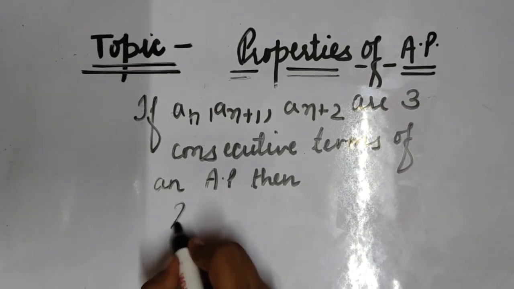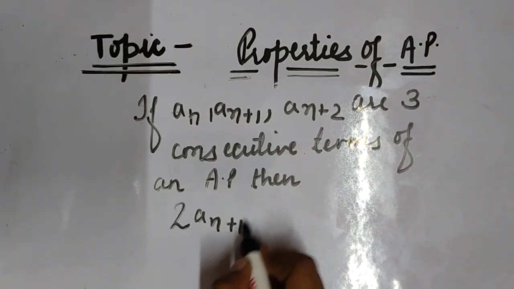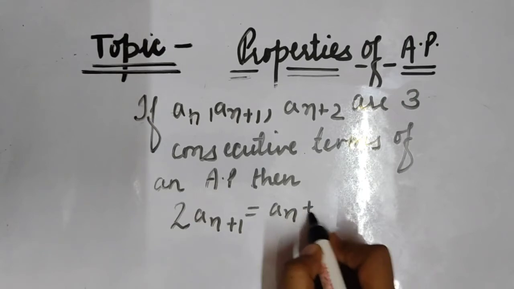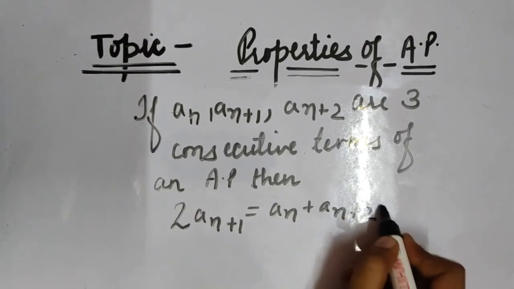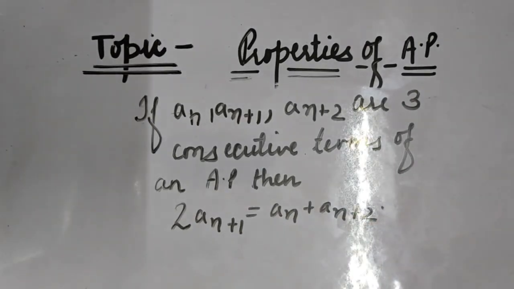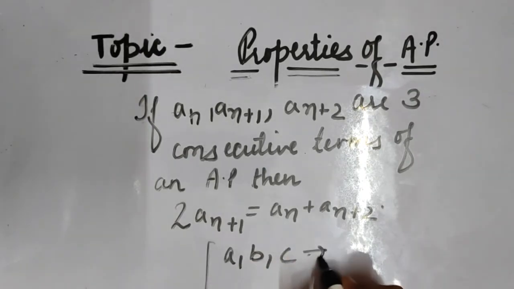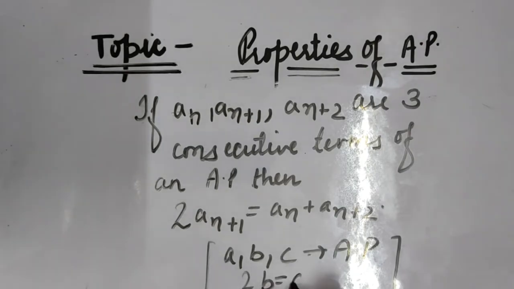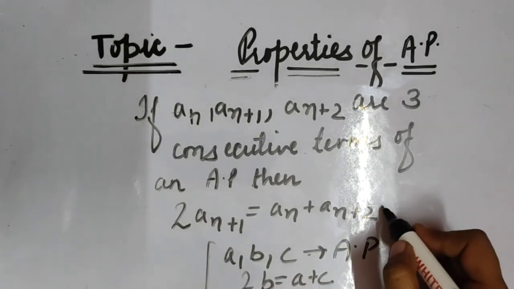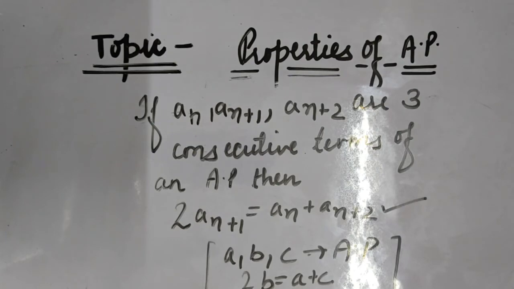We can say twice of a_n plus 1 will be equal to a_n plus 2 plus a_n. I hope this result will be clear to you people, because this result is derived from there only. We studied that if a, b, c are 3 terms which are in AP, then twice of b will be equal to a plus c. In a similar manner, we have got this result.